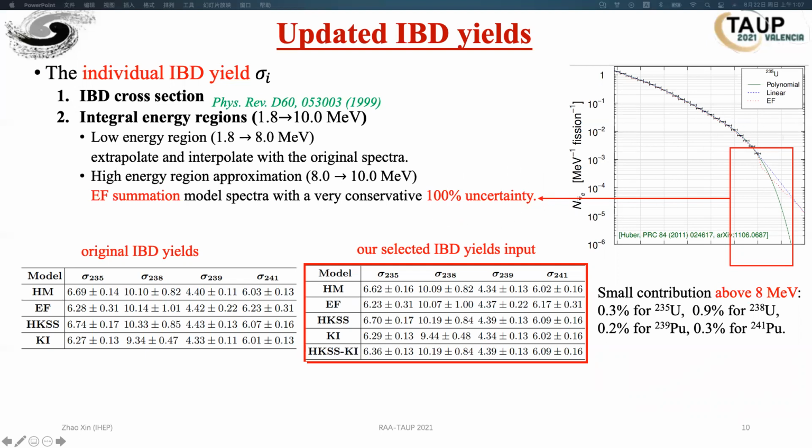From the right figure, we can see this approximation in the high energy range is reliable. Note that the contribution above 8 MeV is very small. Here are the results of our new calculation compared with the original ones.